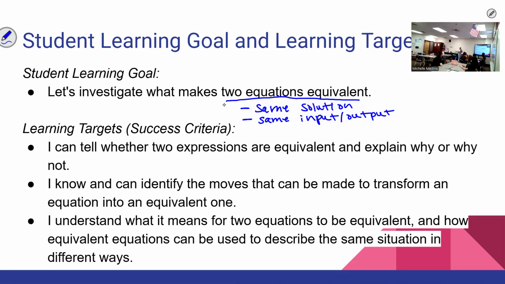There's one that we did a lot today in my class at least. The other way that we know that two equations are equivalent, if we can link.